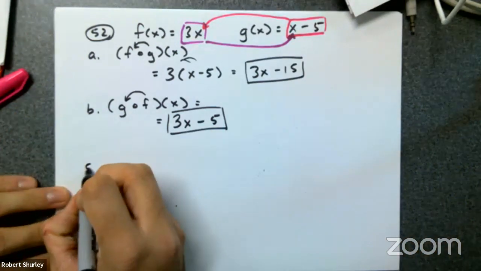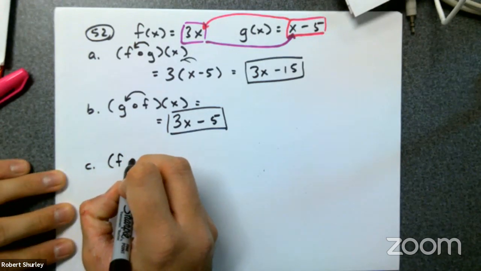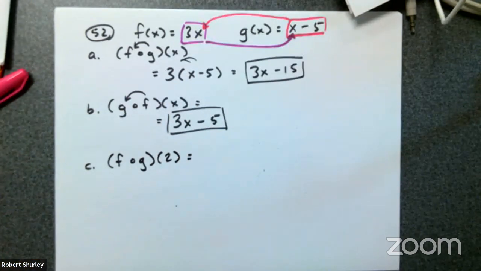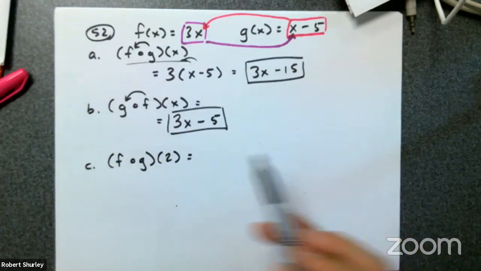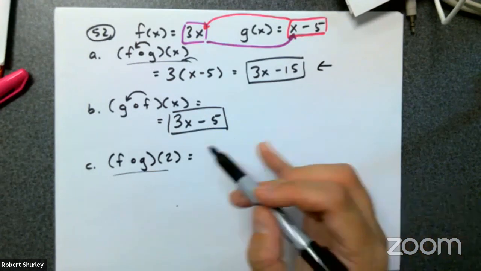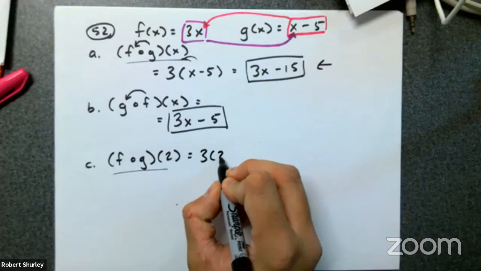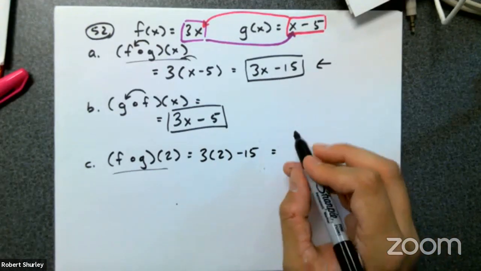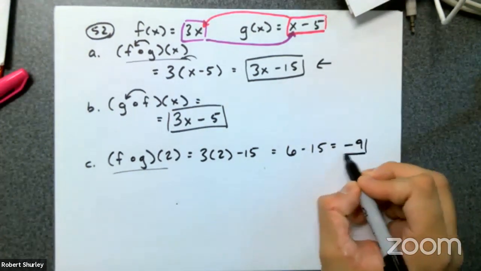Now, C and D bring up numbers. So C says, what's f composed of g of 2? Now, I've already found f composed of g of x, right? That's this order. It's 3x minus 15. So all I have to do is plug that 2 into 3x minus 15. Okay? This winds up being 6 minus 15, so negative 9.